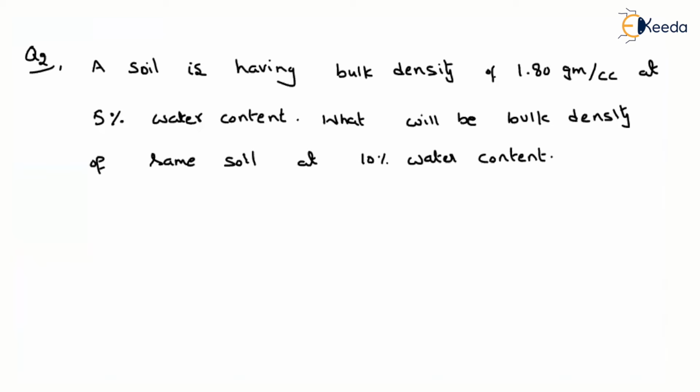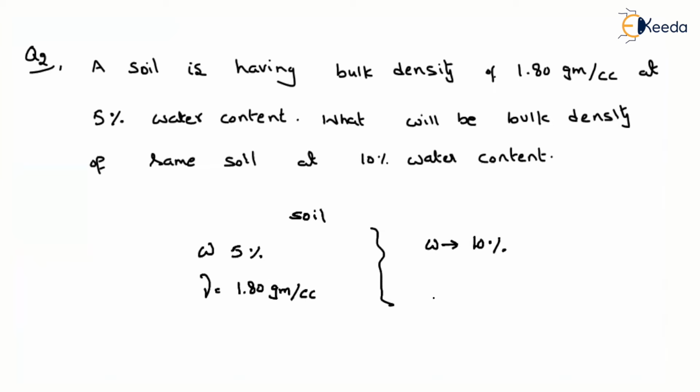Understanding this question, what they are saying is that there is a soil sample, and it is observed that if the water content is 5%, then the bulk density is obtained as 1.80 gram per cc. Suppose you add some water, and because of that your water content is raised to 10%, what will your bulk density be? So how can I find it?